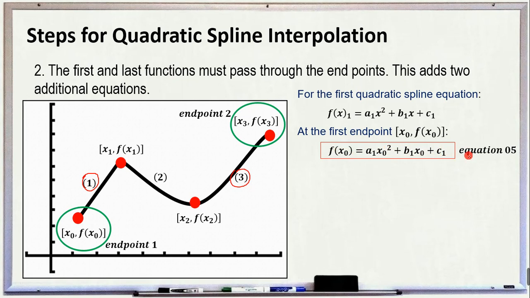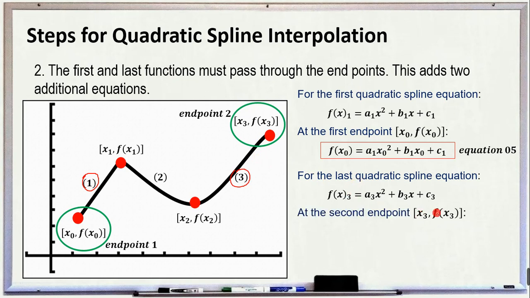So this will be our equation number 5. And for the last quadratic spline, if we refer to our graph, we can see that it intersects endpoint number 2. So we substitute the x and y values from endpoint number 2 into our last quadratic spline, and this will be our equation number 6.